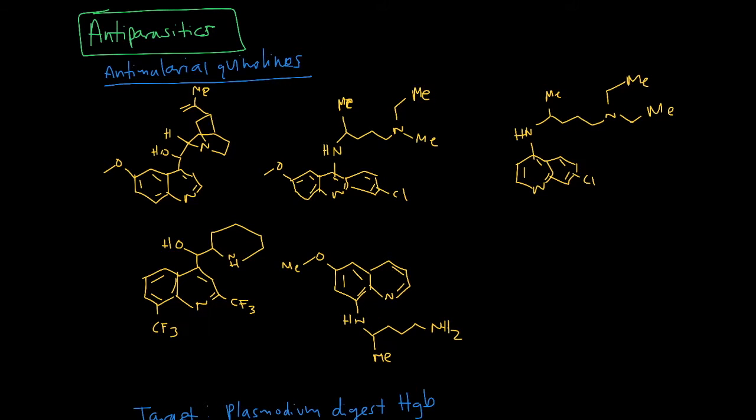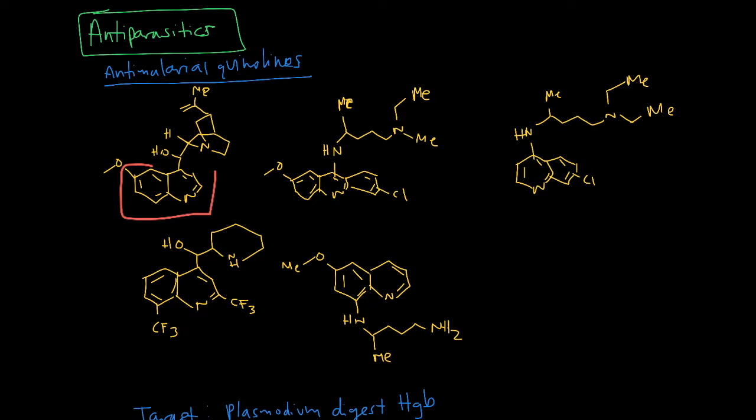So the next section after antimycobacterials are the antiparasitics. The first class of drugs within antiparasitics are the antimalarial quinolines. You can see that the quinolines have a common scaffold. I drew these because it might be on the exam. It's a 6-membered benzene ring with a 6-membered ring with a nitrogen.